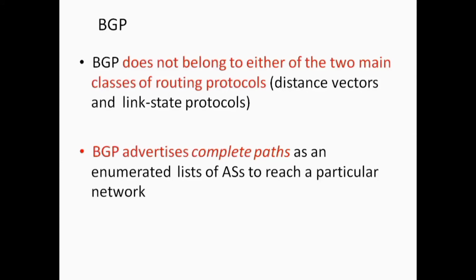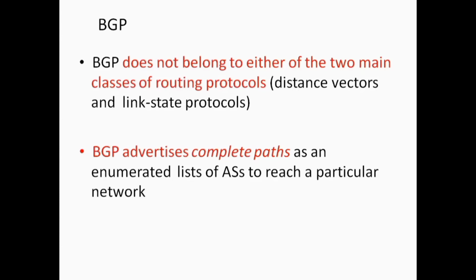Border Gateway Protocol. BGP does not belong to either of the two main classes of routing protocols, distance vector and link state protocols. Unlike these protocols, BGP advertises complete paths as an enumerated list of autonomous systems to reach a particular network.